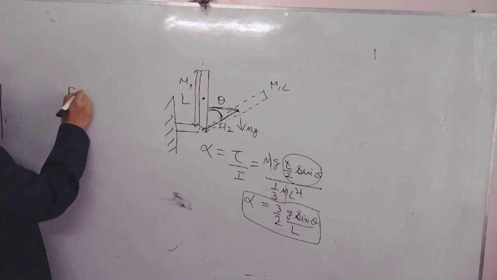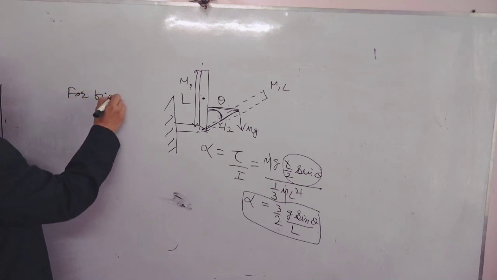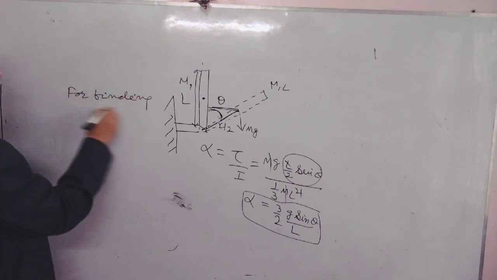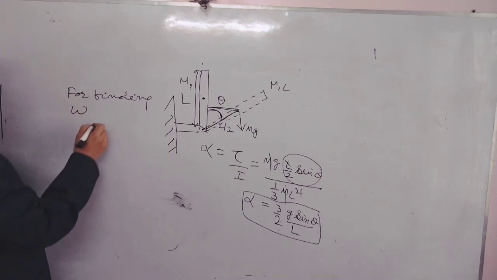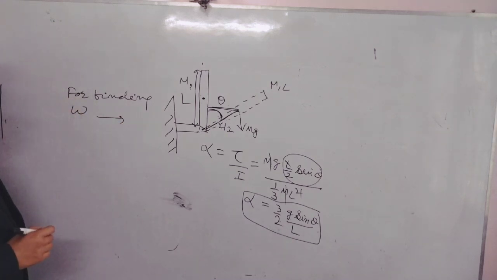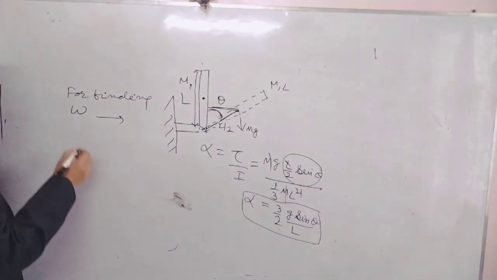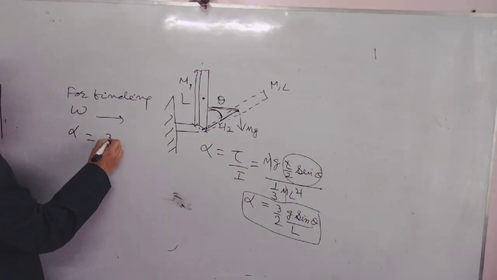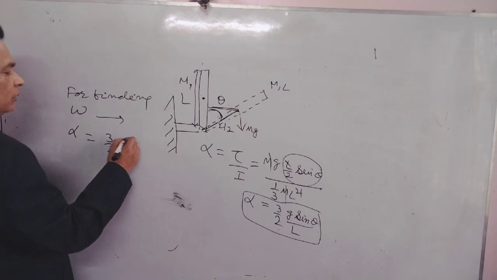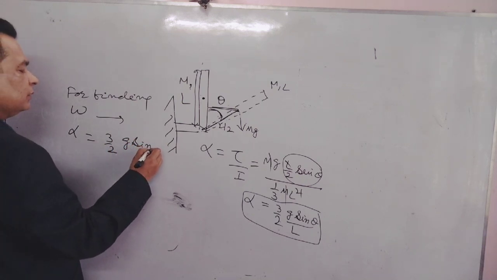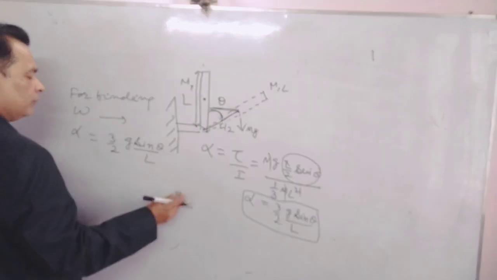For finding angular velocity omega, there are many ways. One of the ways we are taking: this alpha is 3 by 2 g sin theta by L.